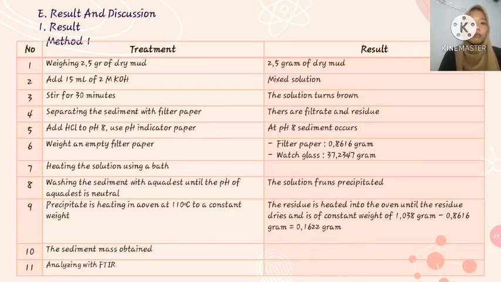The sediment obtained is analyzed with FTIR.